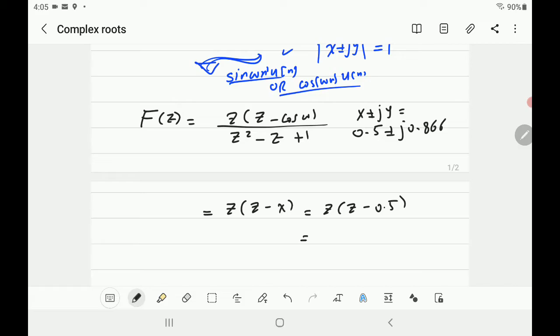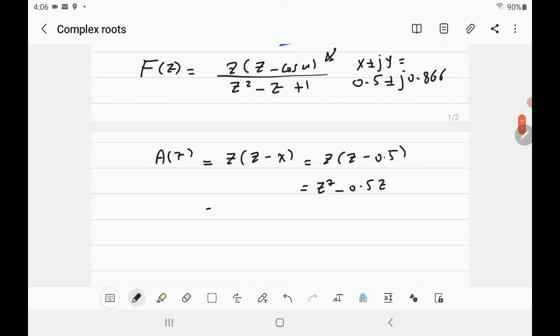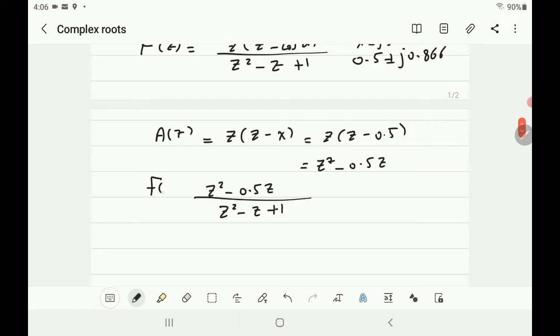I'm talking about the numerator of A of z for the cosine. So you have z squared minus 0.5z over z squared minus z plus 1. That's the Z transform for the cosine omega n.